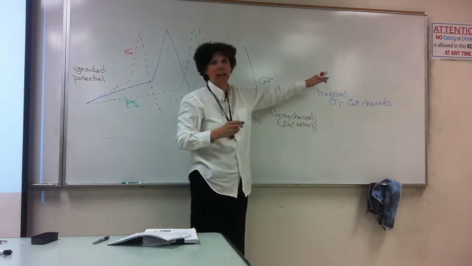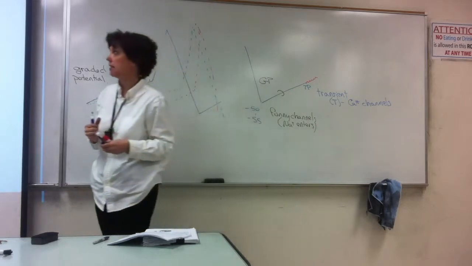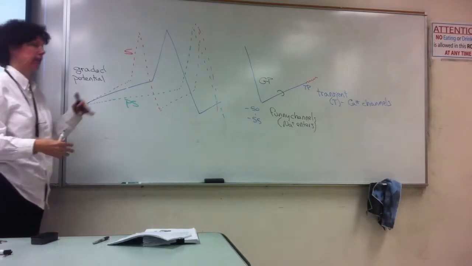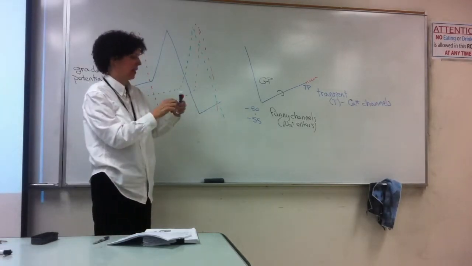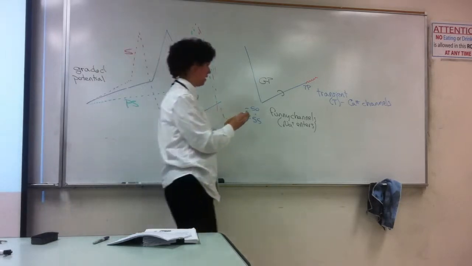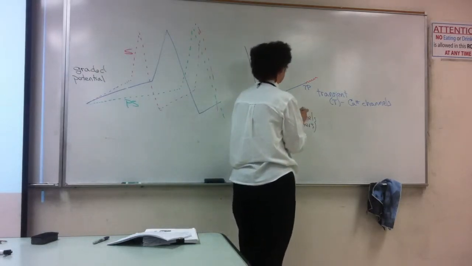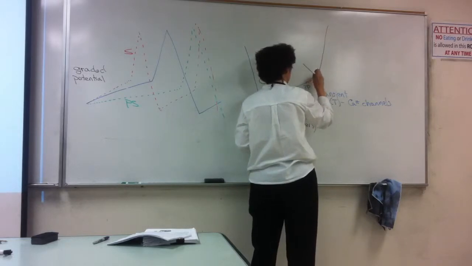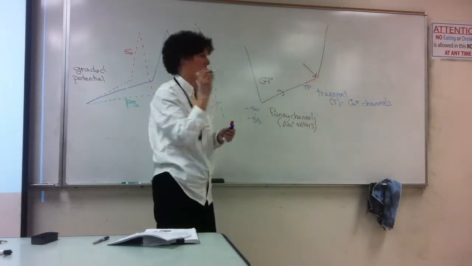So that allows another flood of positive ions to enter into the cell. Okay? Both of those together, the funny channels and the transient calcium channels, bring the cell to this point. And what do we call that? Threshold potential.